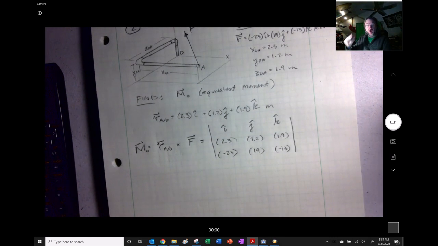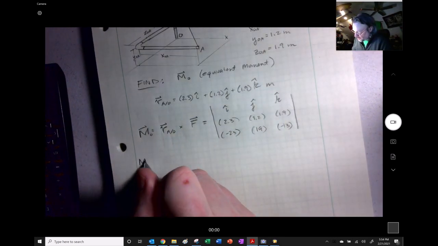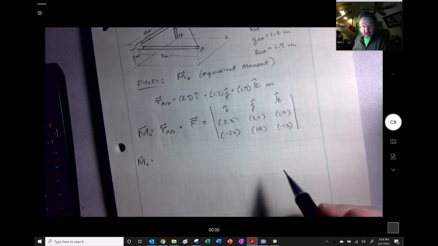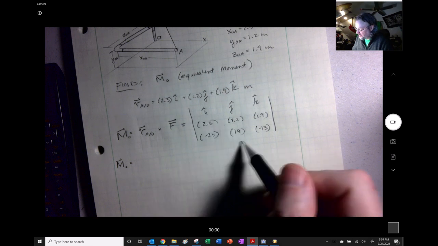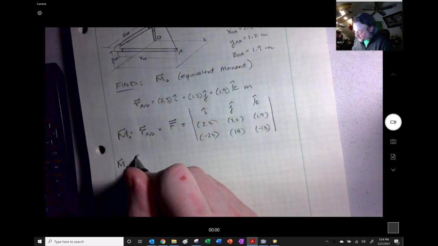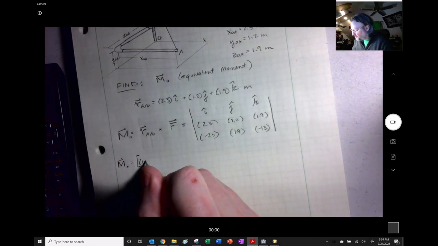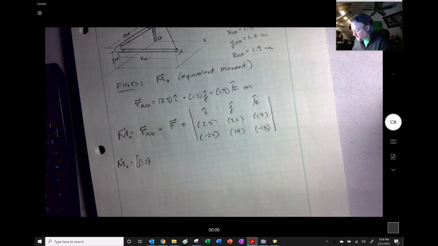Brain was fried. Okay, so MO over here, and now we take I times the determinant of this guy. All right, so the little determinant is going to be 1.2.